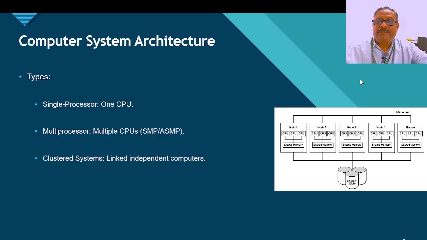Then the next version of that is the clustered systems where we are talking about nodes. In the previous setup we said that there is a multiprocessor environment, and that is a multi-core processor. So we have each multi-core processor used as a node, and we have various nodes, and they are interconnected, and they in turn have the common shared memory.